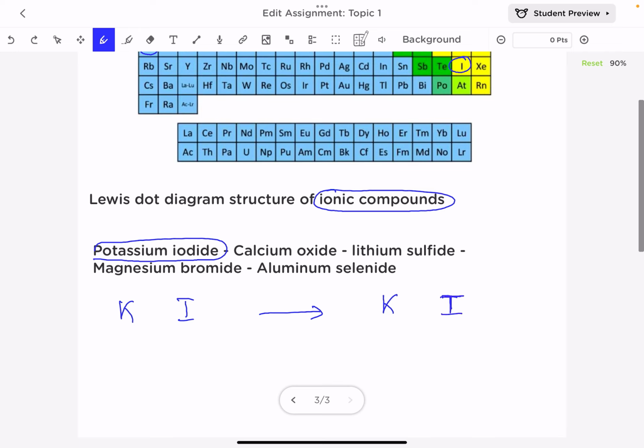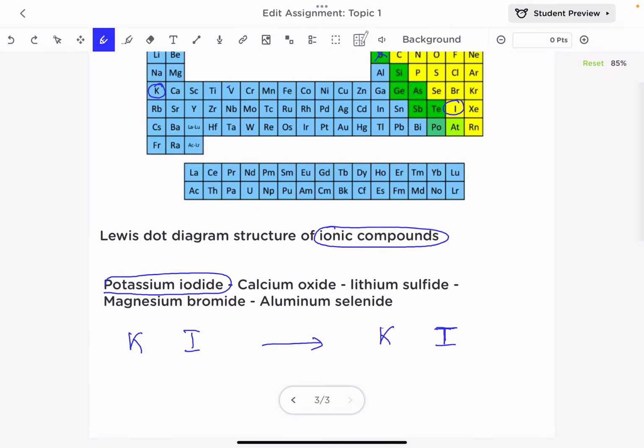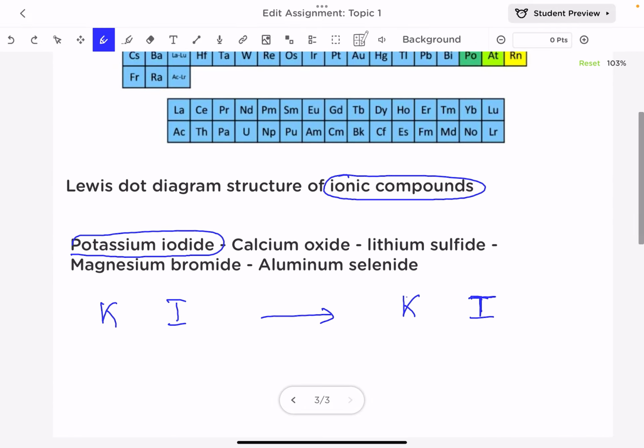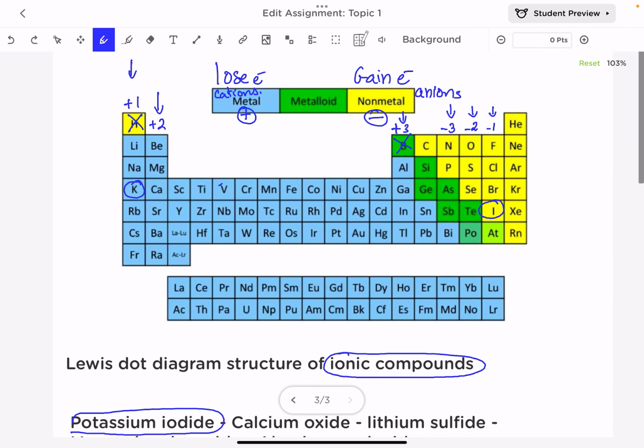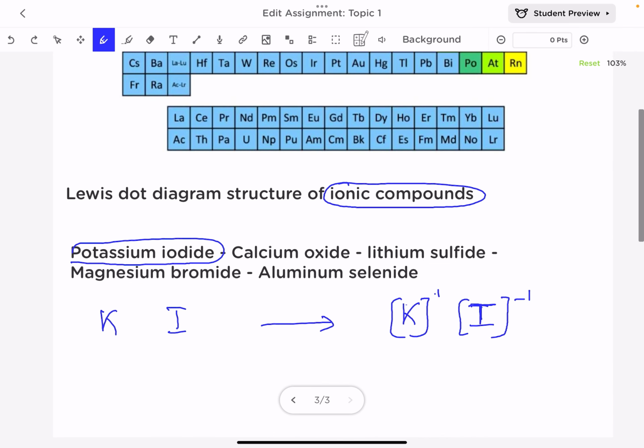Before the arrow, you do not put the charges. After the arrow, you put the charges. So for example, here I is negative 1 and K belongs to group 1, it's positive 1. So I write K plus 1.